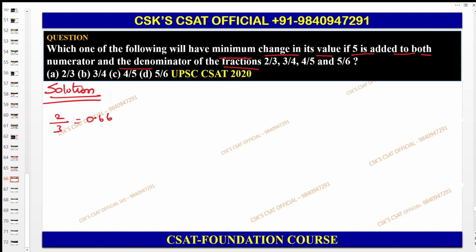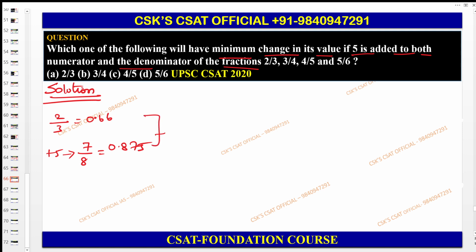Next, here is the actual fraction, and also you need to know the decimal. If you know the decimal, then well and good. When I'm adding 5 to the numerator and to the denominator, what will happen here? Then it will become 7 by 8. 7 by 8 is nothing but 0.875, right?